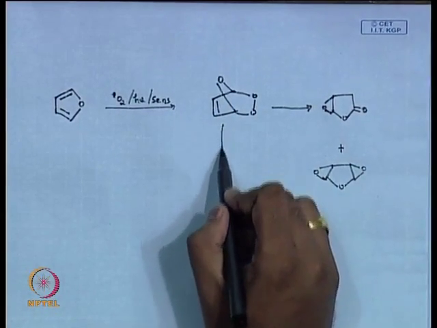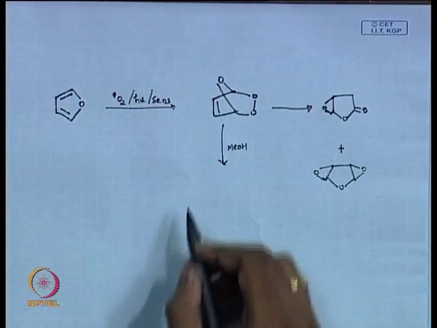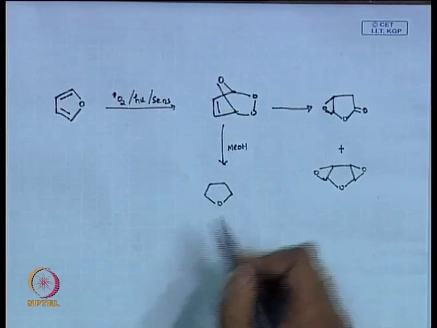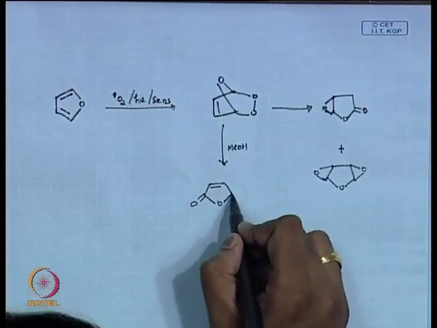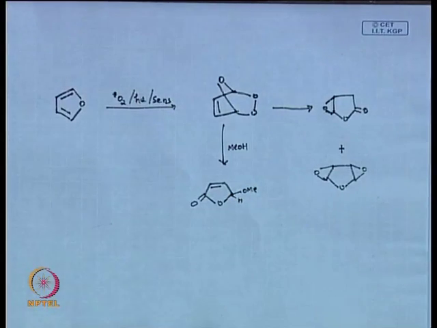While warming, if you warm it slightly with methanol, then you end up with the ketone. You get this product. So, you can functionalize your ketones.